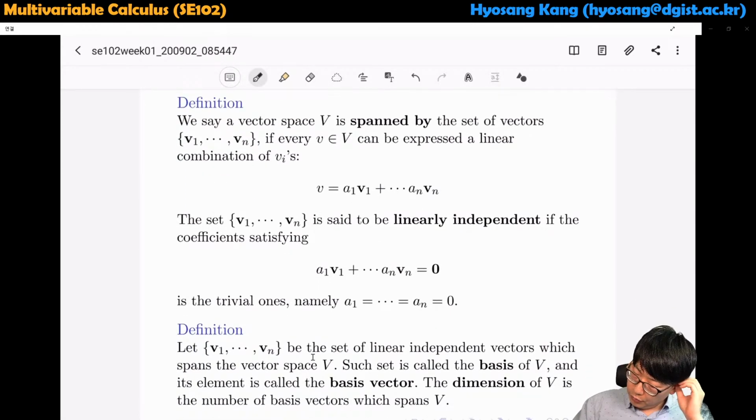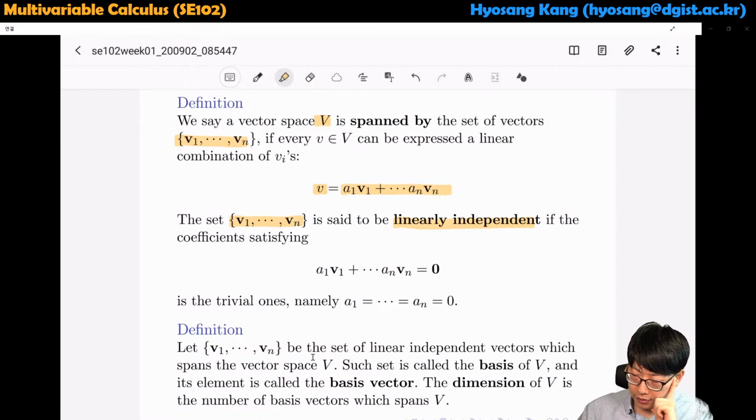Now, once you know the concept of span, then you have to consider what's the minimal set which spans the given vector space. Suppose that you have v1 to vn, which spans the vector space V. Then any vector by definition can be written as a linear sum of these vectors. If this set satisfies this property, then it's called linearly independent.